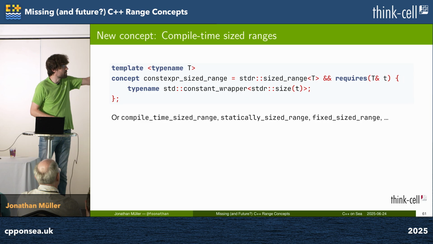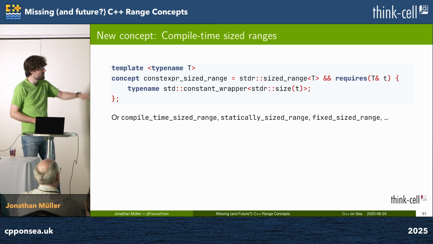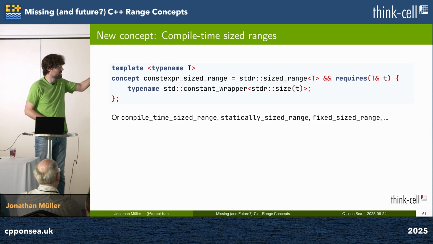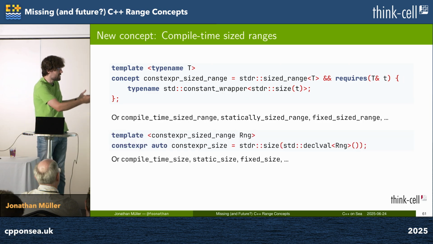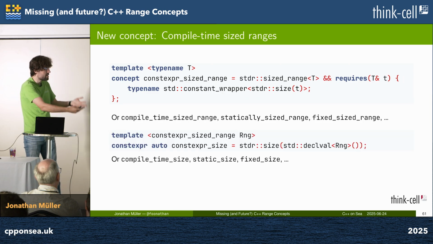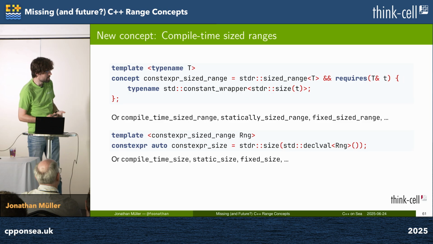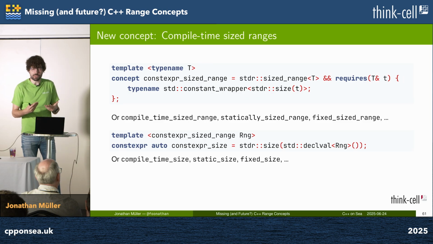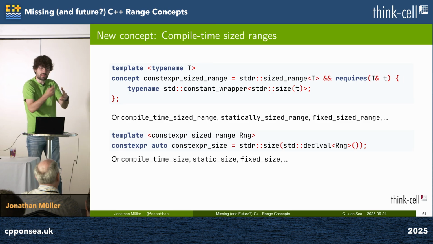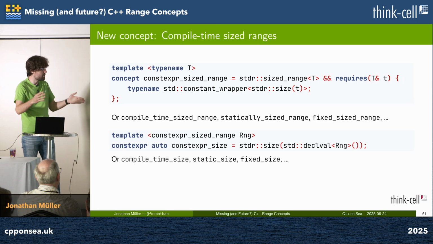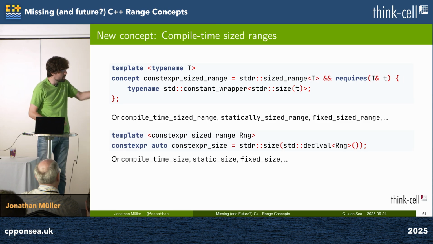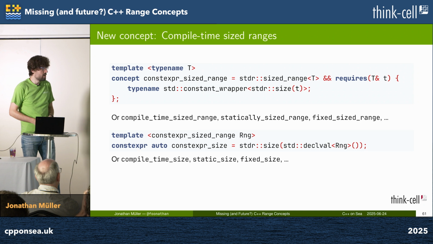I check that by instantiating the constant wrapper, which is like a generalized integral constant coming in C++26. Then we can also provide a thing that, given the type of the range, gives you its size, right? Because we don't actually need to create a range object. We can just get a fake reference to it and use it at compile time.